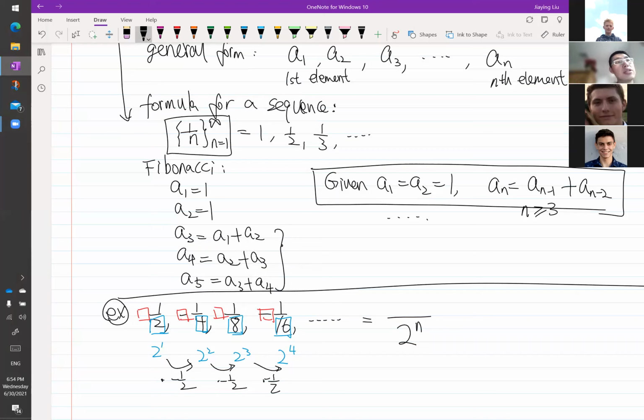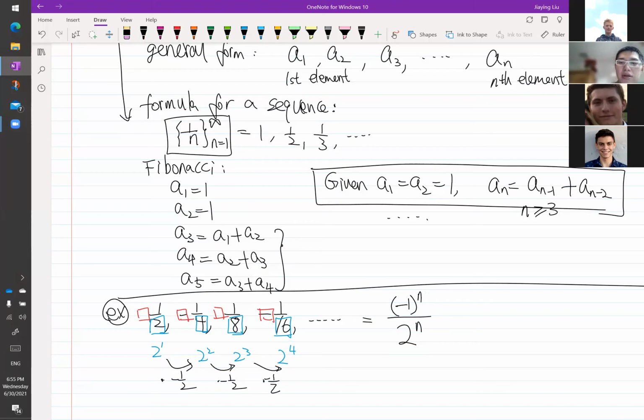The only thing that changes is the exponent of the 2 in the denominator. Well, what about the numerator? The numerator looks like it's always 1, but because the sign alternates, it's always going to be a -1 raised to a power. Is it to the n or to the n minus 1 or n plus 1? Then you have to decide.